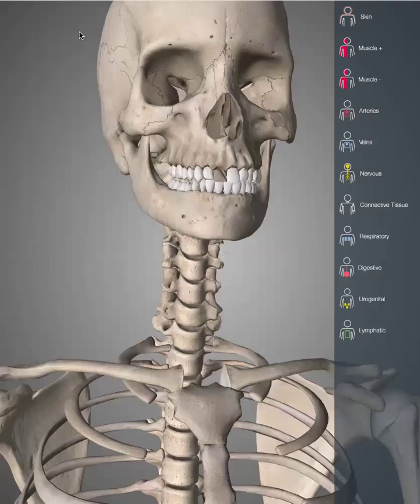Primary teeth begin to appear at 6 months, and they are made up of 20 teeth, with 10 in each arch.